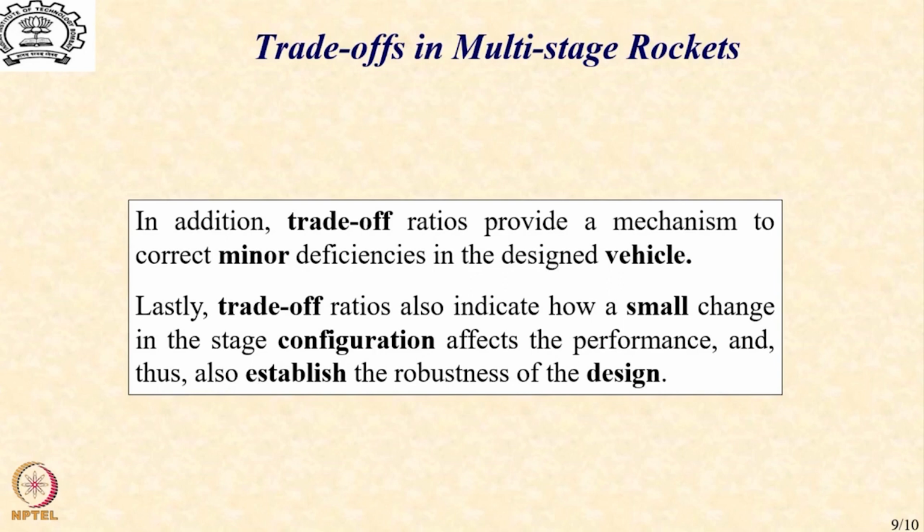And that will also tell you that in case there are certain modifications to the environmental conditions or other parameters, in what way the performance will change. Will the change be drastic? Can the change be absorbed by the existing rocket? And whether the rocket, in a sense, is robust enough to withstand the minor errors.